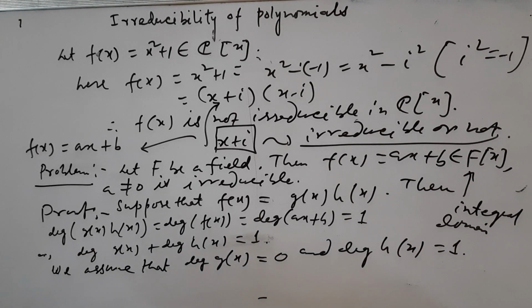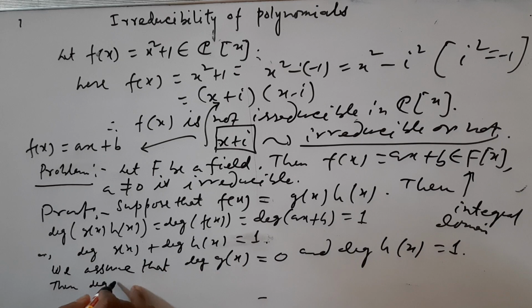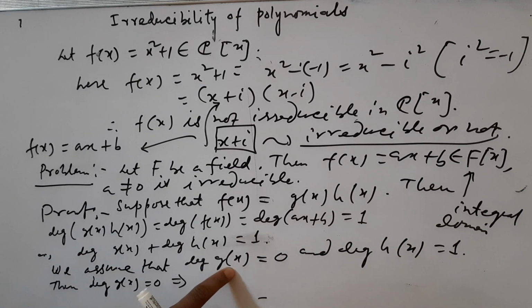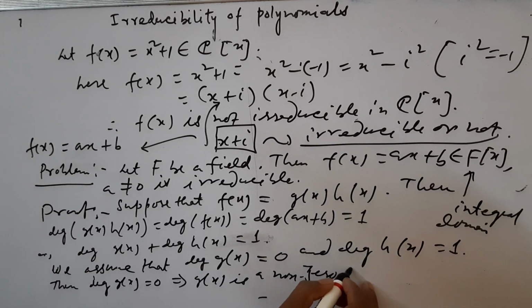Then degree of g(x) equal to 0 implies g(x) is a non-zero constant polynomial.